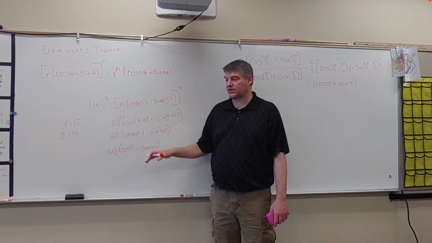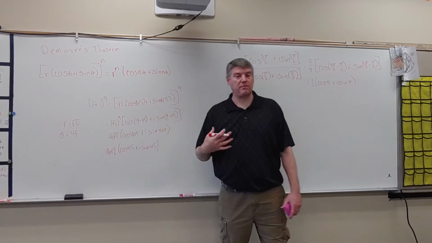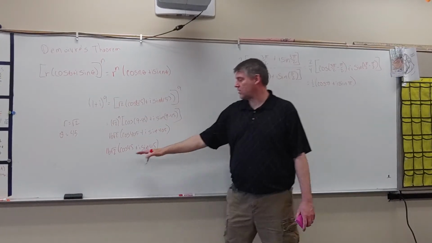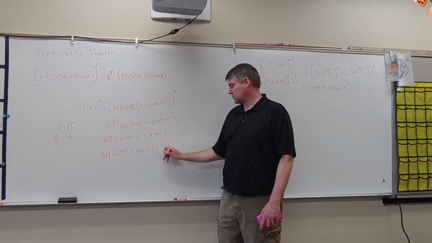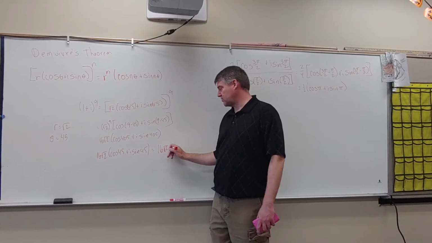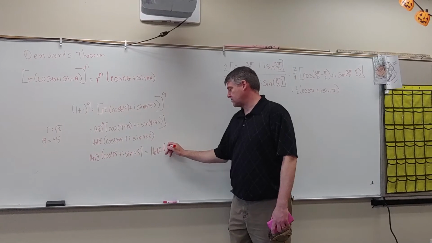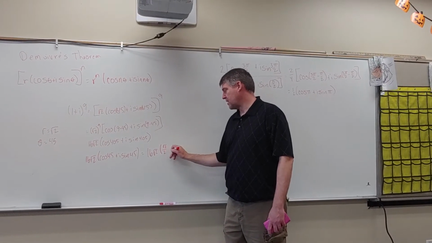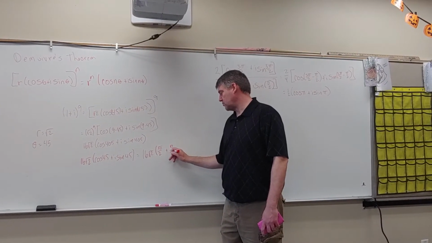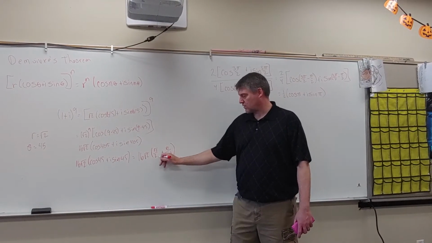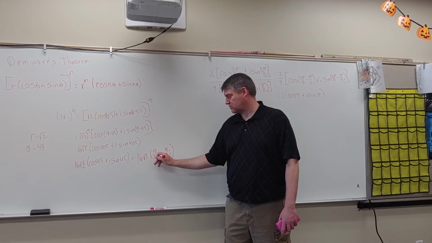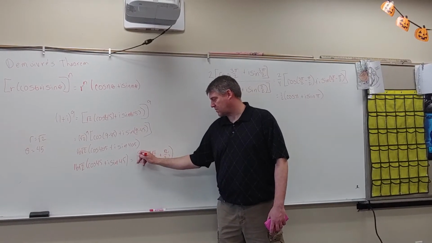Now, if I don't want trig form, if I want it back in standard form, I can convert it because I know what cosine of 45 is and I know what sine of 45 is. So this becomes 16 square roots of 2 times root 2 over 2 plus root 2 over 2 i. Now when I bring in my 16 square roots of 2, this cancels out and gives me 8.